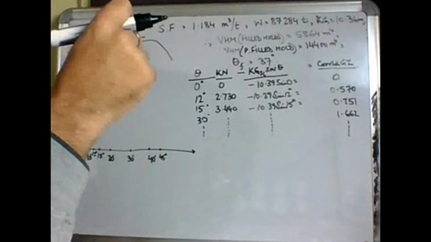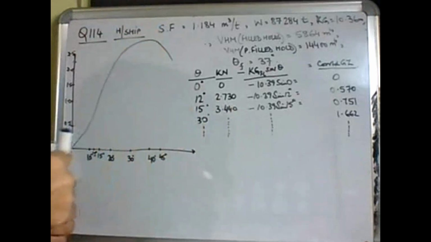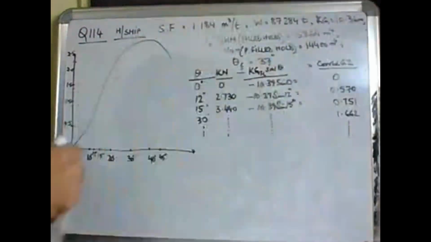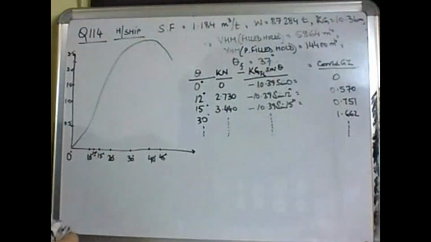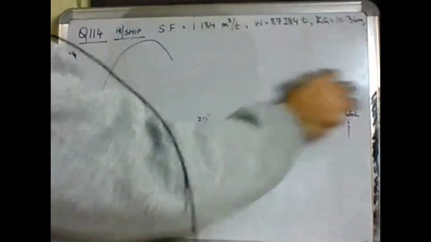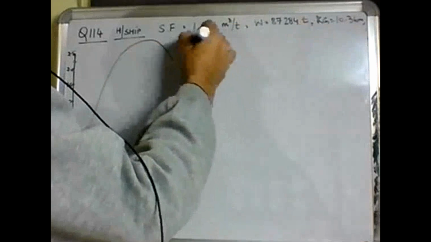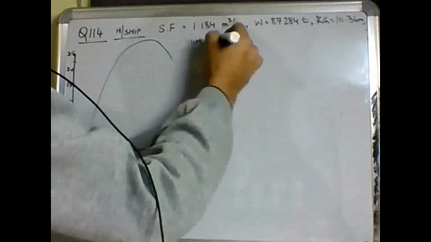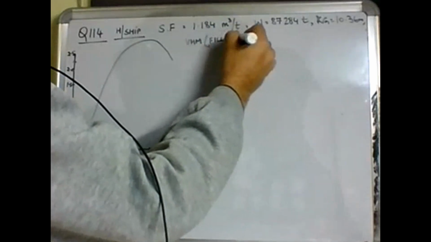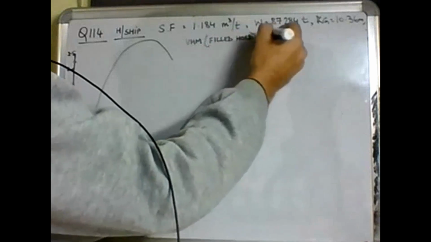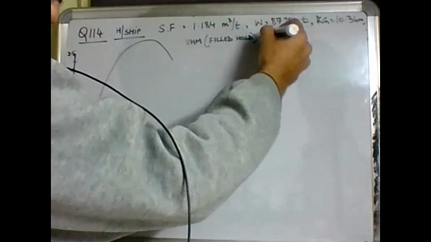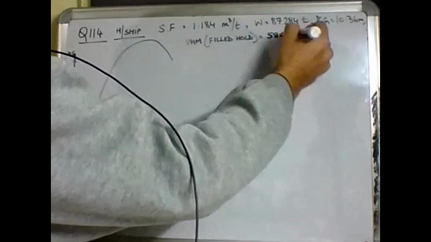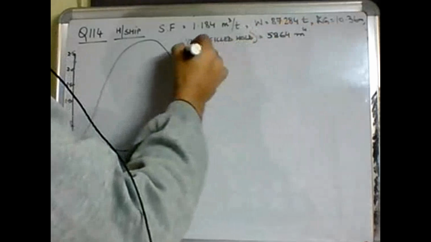Now the VHM, the volumetric heeling moment of the fully filled hold, is given to us as a value of 5864 m⁴.